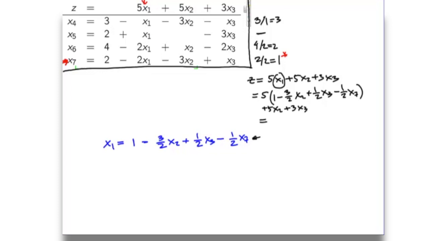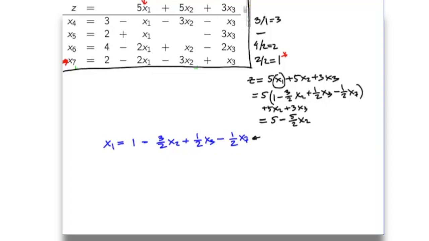Now the new expression for z we just get by computing the corresponding coefficients for all the variables, and we'll have 5. Then the coefficient for x2 would be minus 15/2 from this part, and then 5 from this part, so 5 is 10/2, right? So minus 15/2 plus 10/2 gives us minus 5/2 x2.